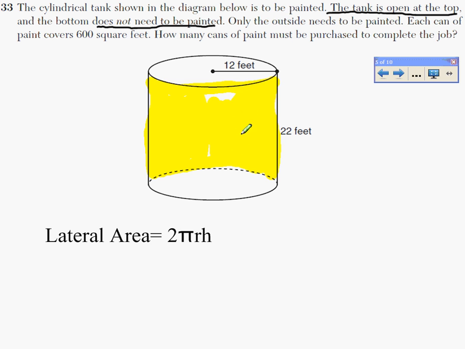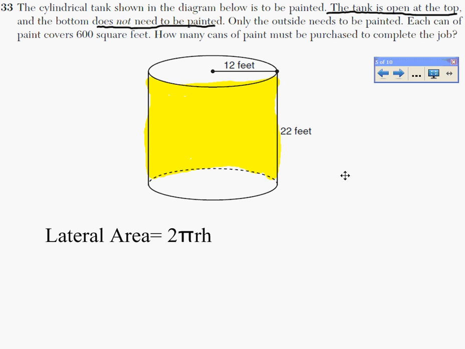And to figure out how much area this covers, we could use our lateral area formula. The lateral area formula is found in the reference sheet of the Geometry Regents. This is one of the few formulas that you do not need to memorize for the Geometry Regents because it's given to you in the formula sheet.